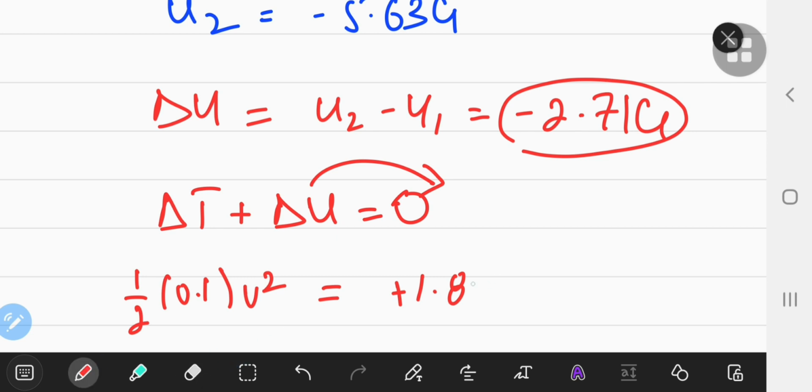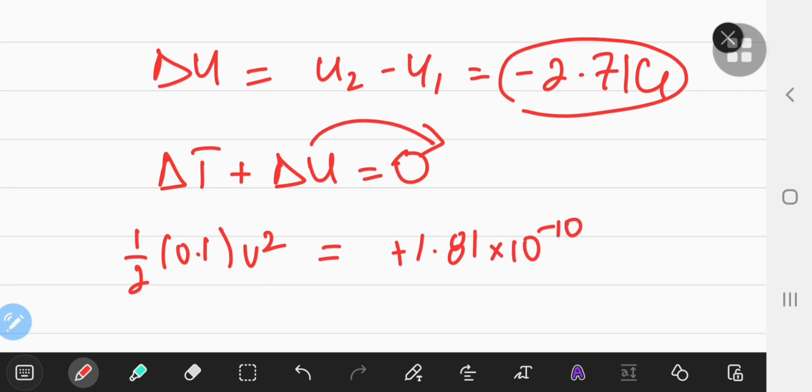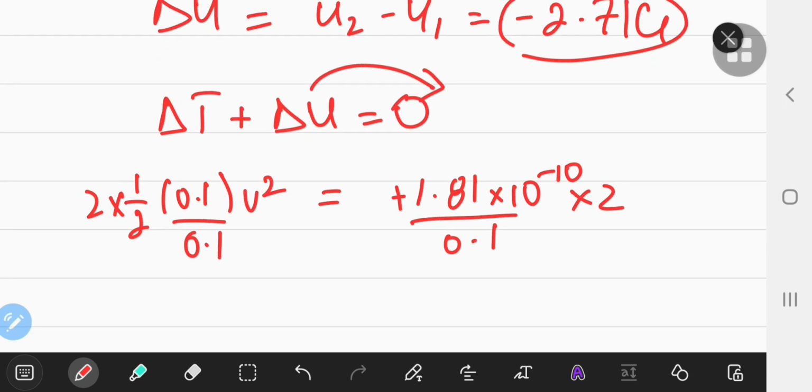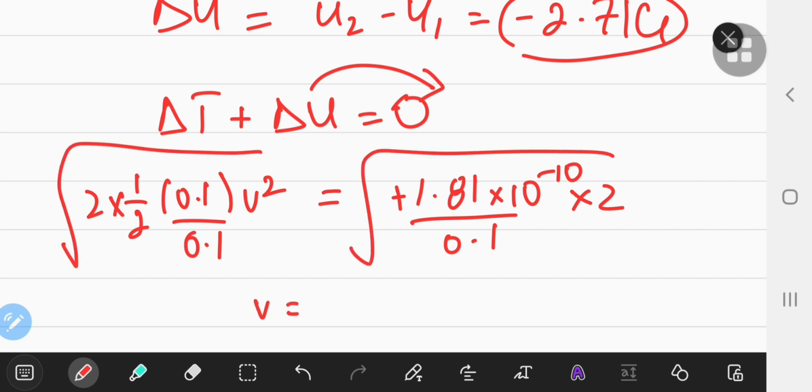That is 1.81 times 10 to the negative 10, and I'm just going to multiply by 2 and divide by 0.1 as well, and of course take the square root, to finally get the answer. So that is going to give me, after the square root, 6.01 times 10 to the negative 5 meters per second.